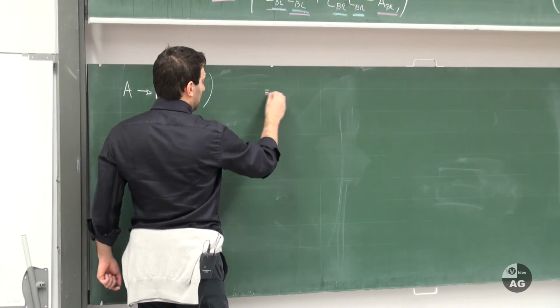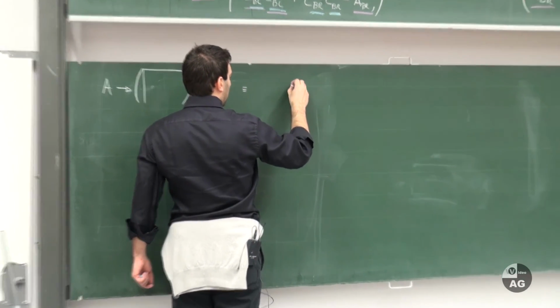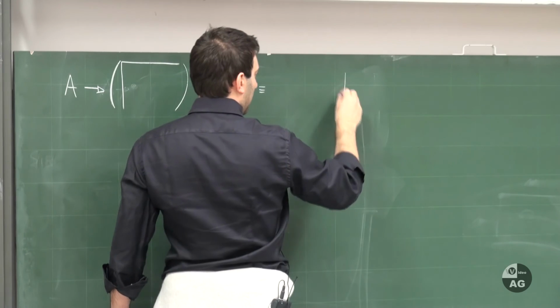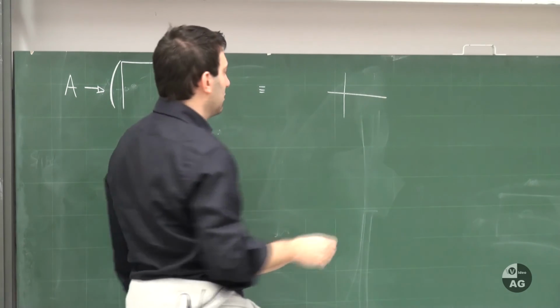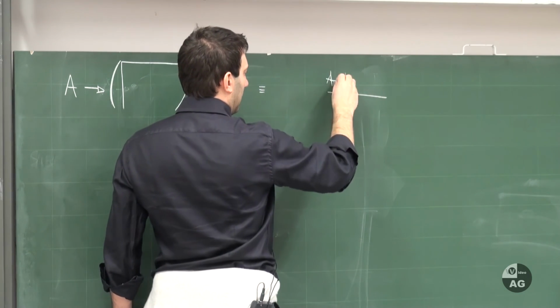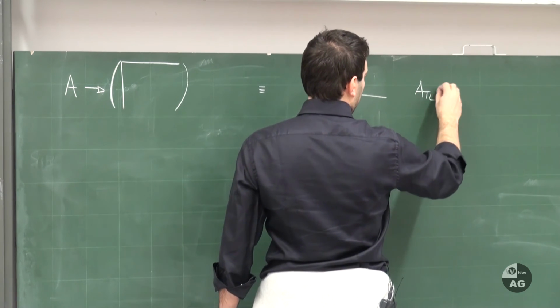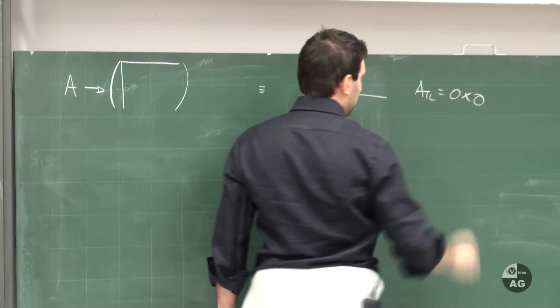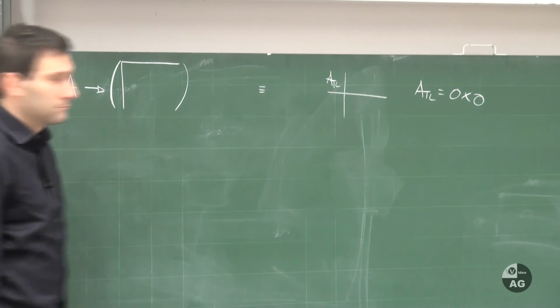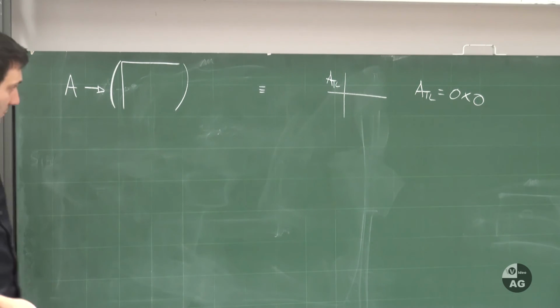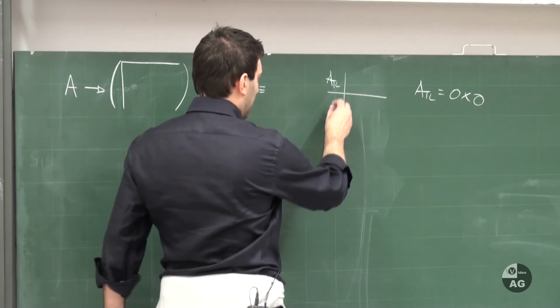What does this mean? This is a 2 by 2 partitioning where A top left is 0 by 0. Yeah, so what would be the size of A bottom left?